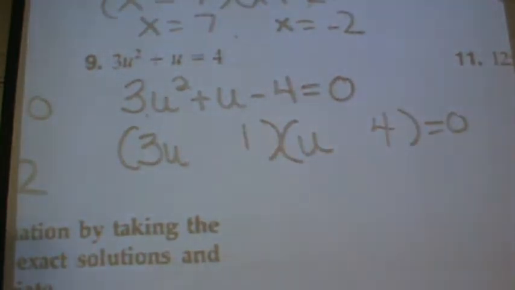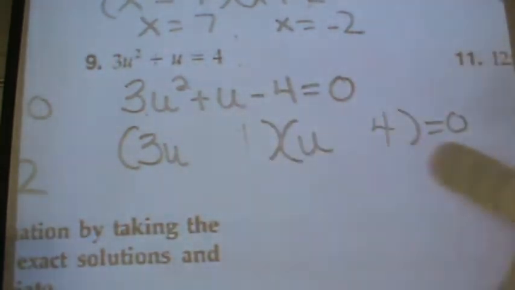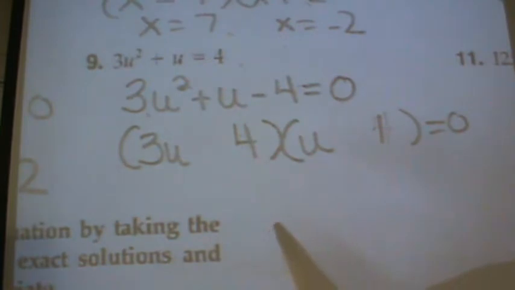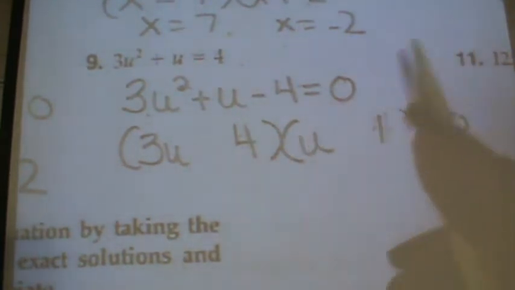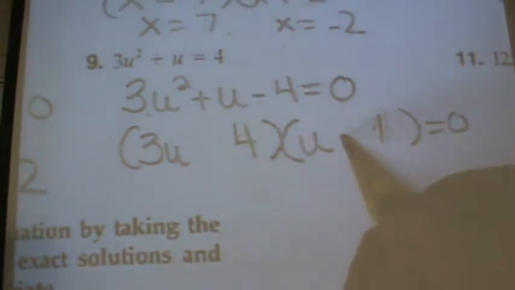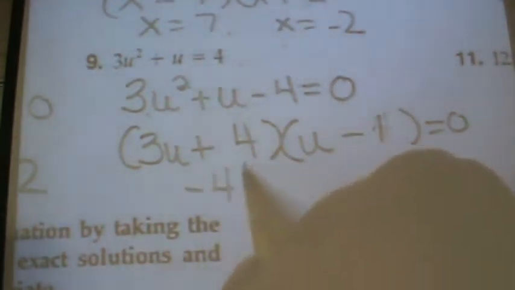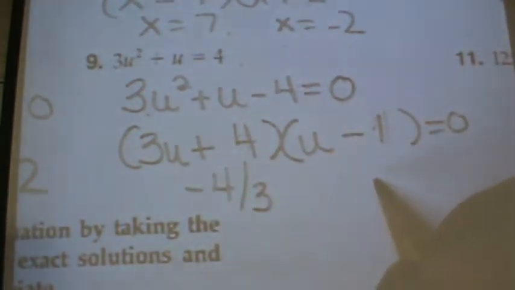Not 2 and 2, because you still need 1. So you want 4 here and 1 here. Now, one of them has to be negative. Which one? The second one. Yes, you are right. So it's negative 4/3 and positive 1 are my two answers.